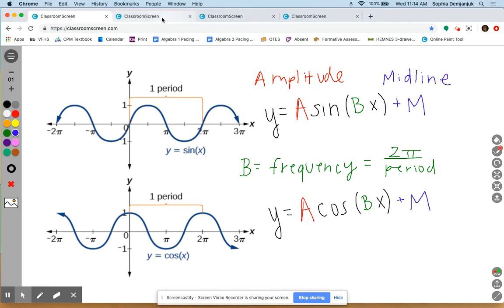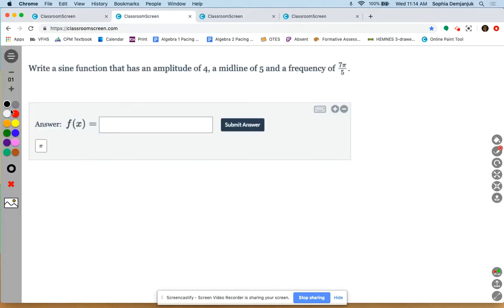So we can go through some examples. First thing, write a sine function that has an amplitude of 4, a midline of 5, and a frequency of 7 pi over 5. So I don't need to type in the y equals because I have my f of x equals right here. I know that sine's going to be in it, and an x.